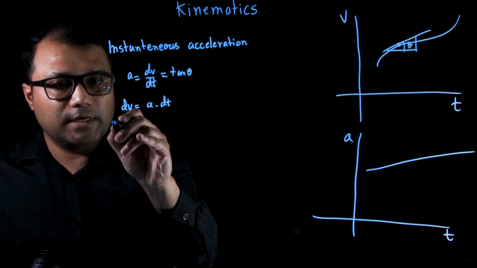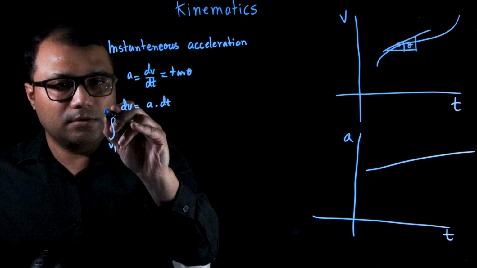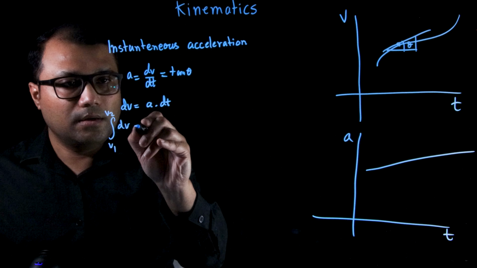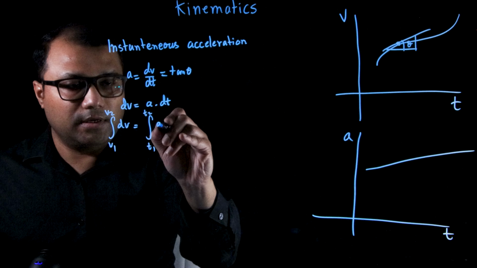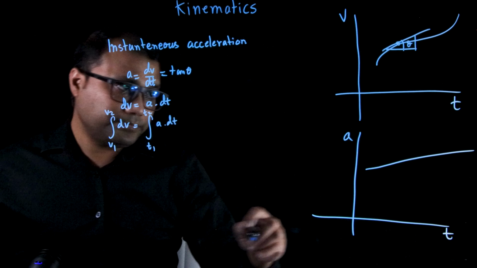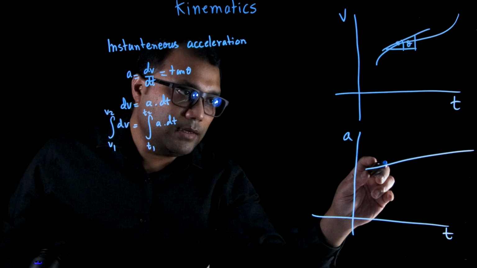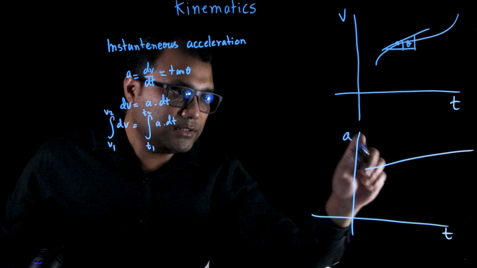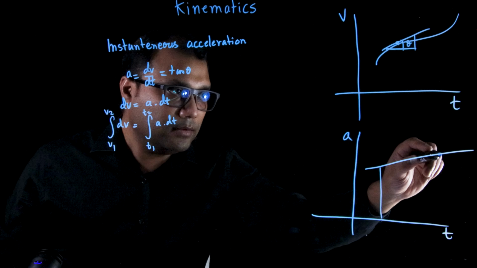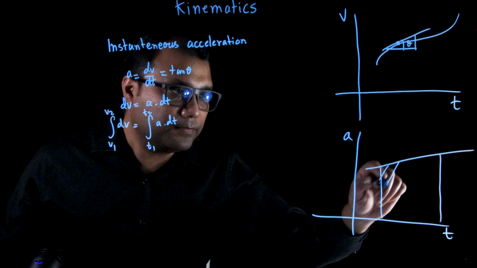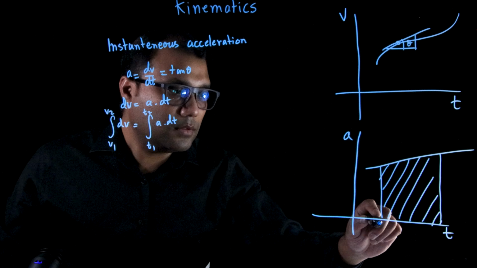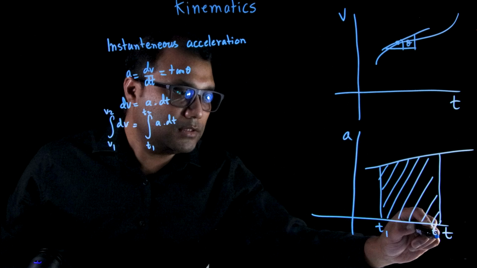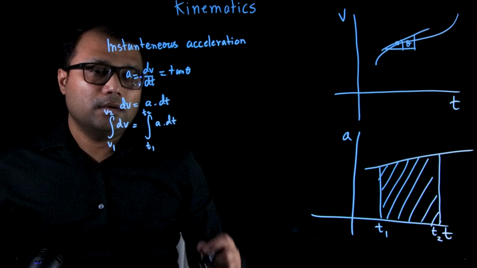Okay, if we take an integral of dv from v1 to v2 and integral of a dt from t1 to t2, we know the integral of an acceleration time graph is again the area under the graph. Okay.